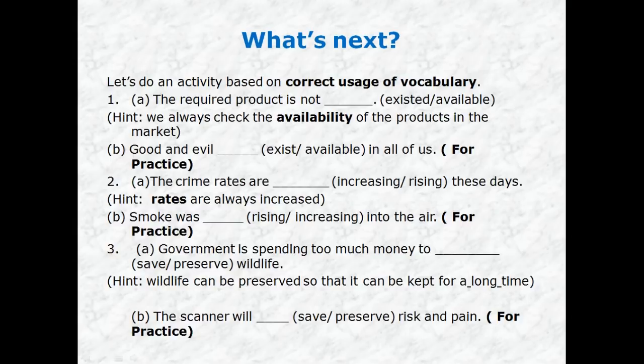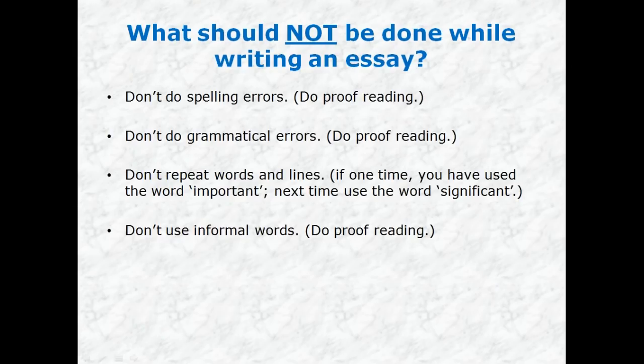So next is what should not be done while writing an essay. The very first important thing is don't make spelling errors, and to overcome this, do proofreading. Next is don't make any grammatical errors, and again, to avoid this, do proofreading.